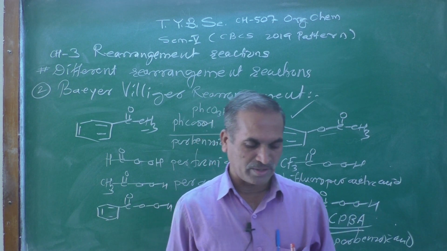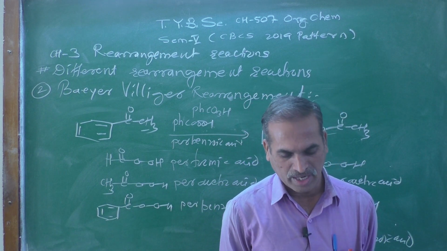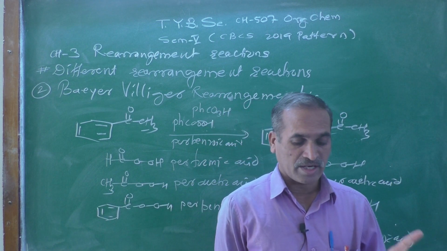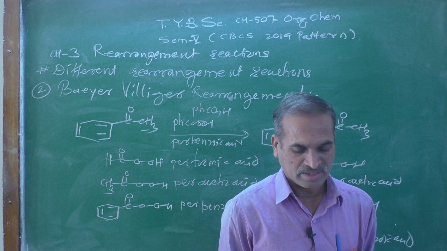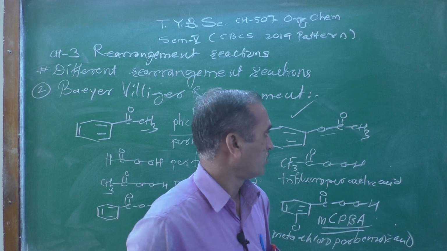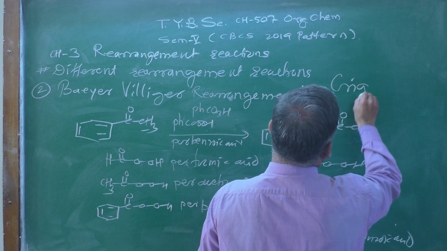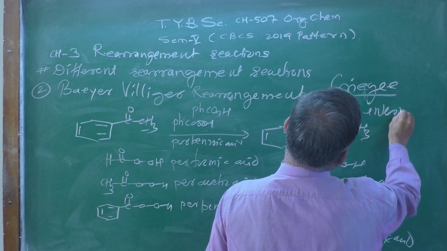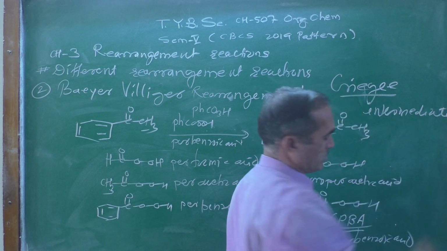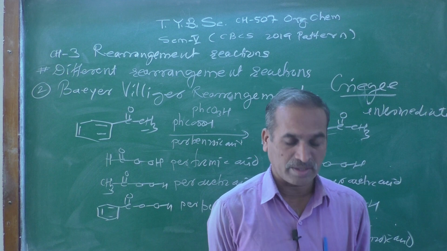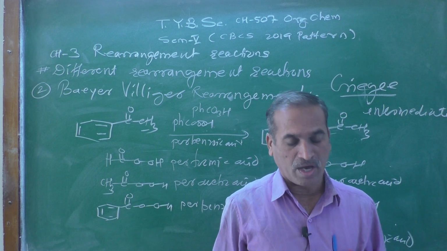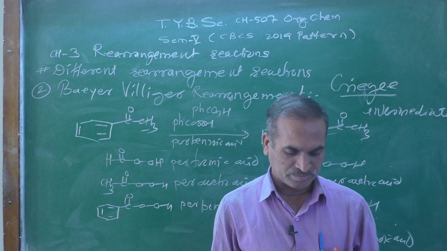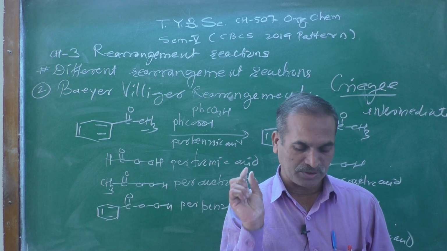In the second step, nucleophilic attack of the peracid on the protonated ketone gives a tetrahedral intermediate, known by a particular name. Then elimination of carboxylate ion and migration of the alkyl group to the electron deficient oxygen.